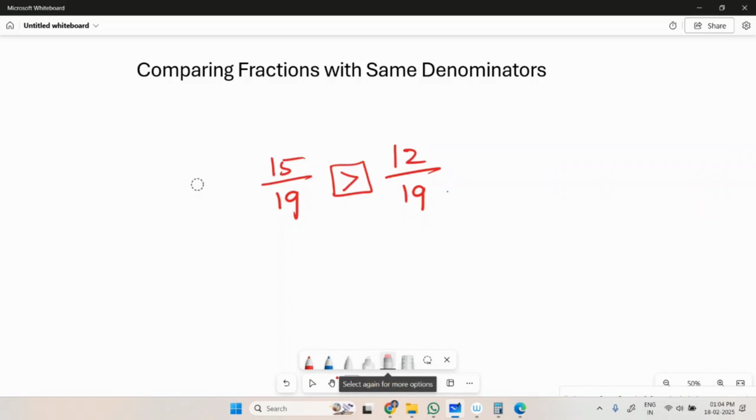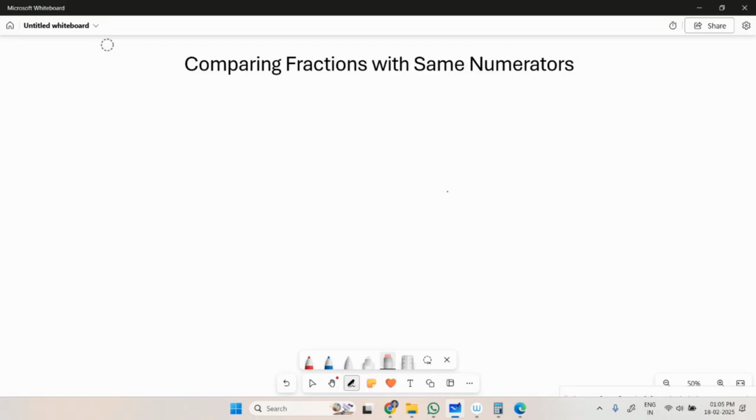Okay, let's see comparing the fractions with same numerators. We had seen how to compare the fractions with same denominator. Now we are looking at the fractions with same numerators. Let's compare 3 upon 5 and 3 upon 7. Here are the denominators same? No. Are the numerators same? Yes.